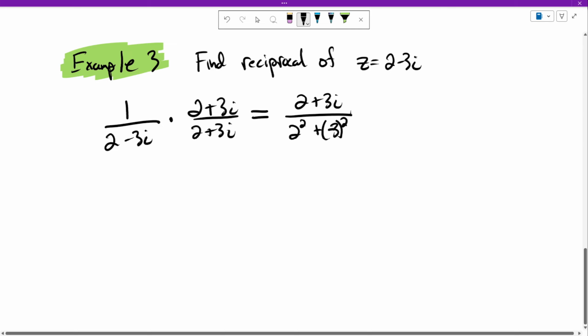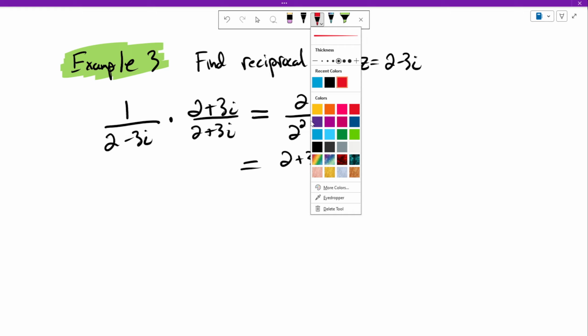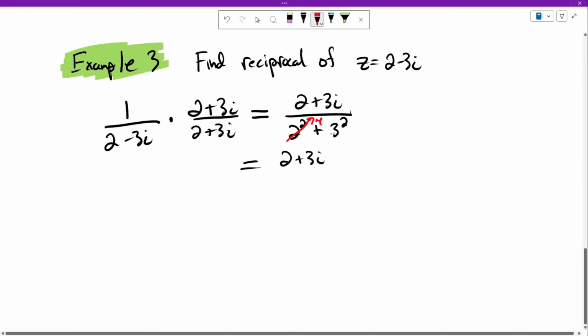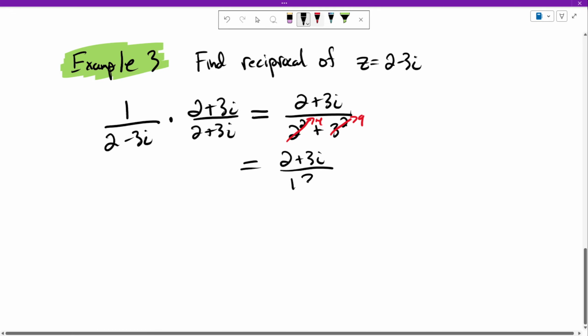The squaring function doesn't understand negative signs, so you get the same answer. All right, 2 squared is 4. 3 squared is 9, so we're doing 4 plus 9, that's 13. And then we divide each piece.